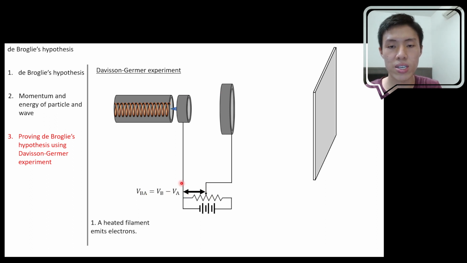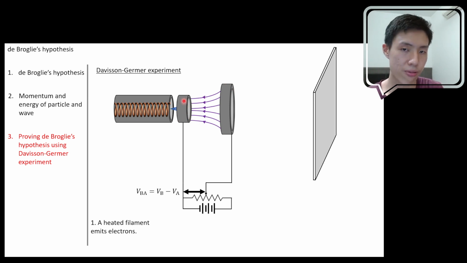So I believe this is B, this is A. Because there's a potential difference between these two electrodes, an electric field is going to be formed in between. The purple arrows here represent an electric field, and it's going to point away from the positive electrode and towards the negative electrode.